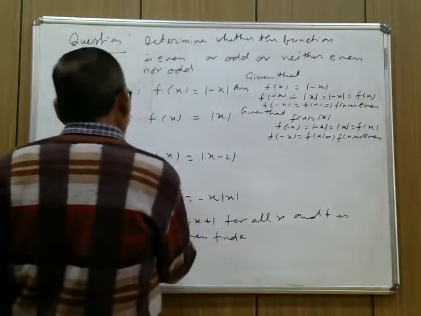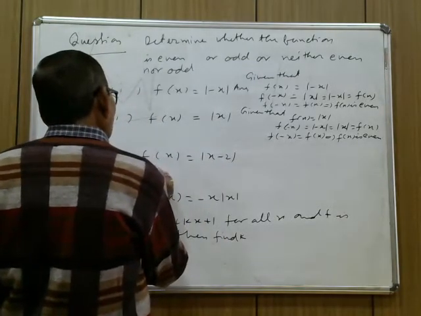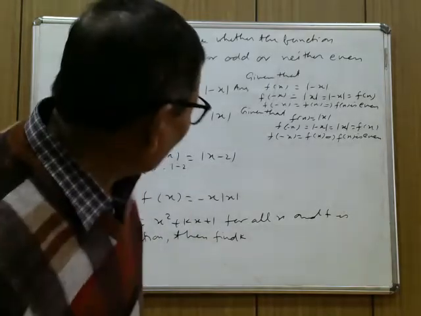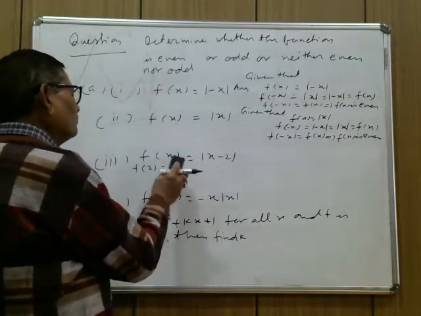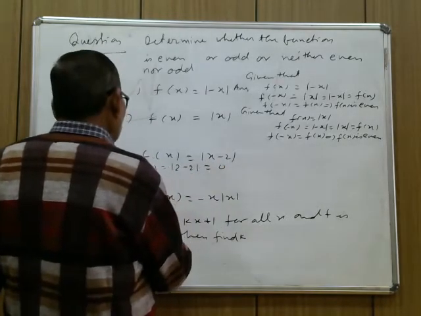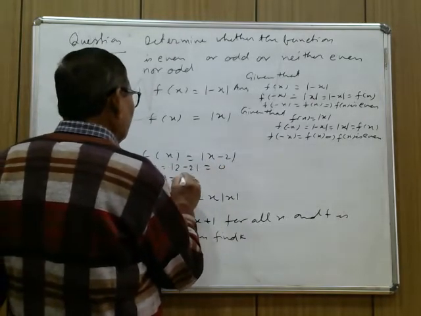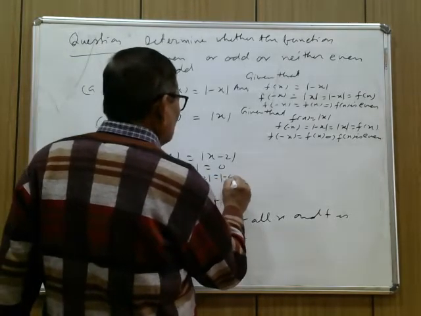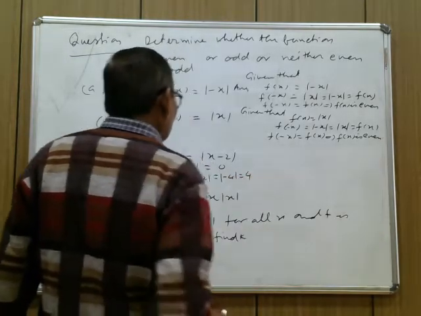Now you see the second part. In this question, when you find f of 2, f of 2 is mod of 2 minus 2, that is equal to 0. f of minus 2 is mod of minus 2 minus 2, equal to mod of minus 4, equal to 4.